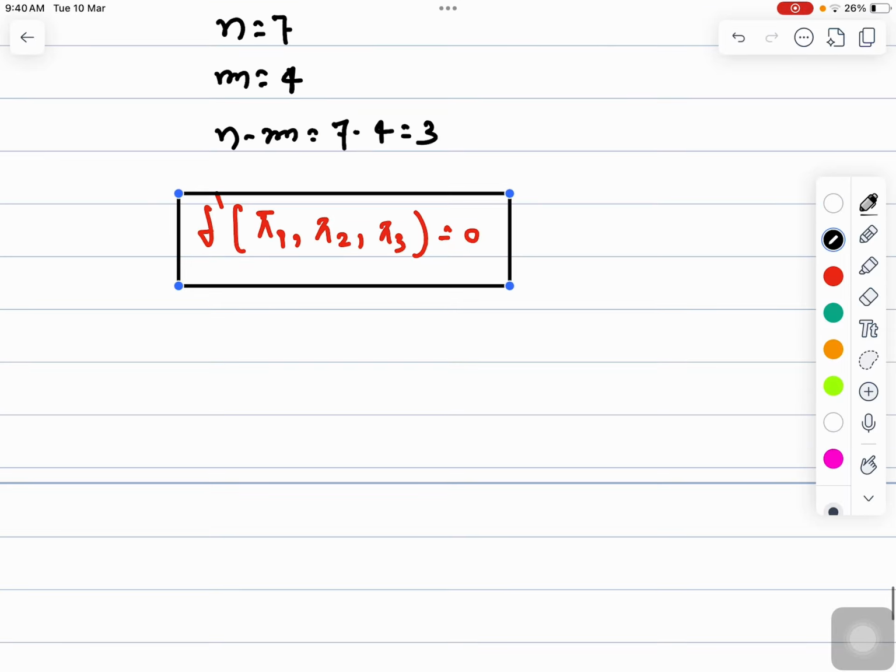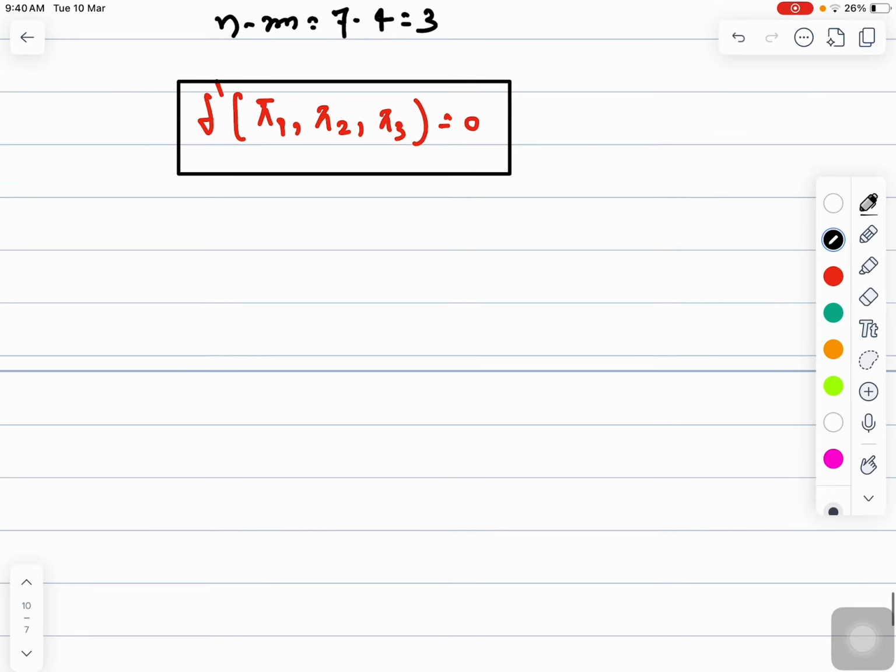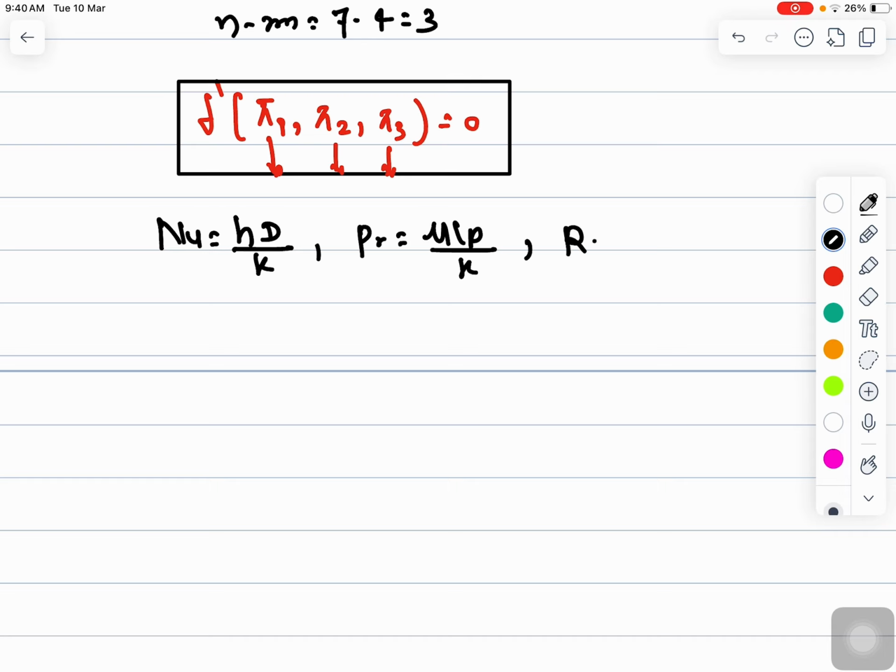So let's try to understand another example. What I have told you is that you can make 3 dimensionless numbers here. When we talk about the heat transfer coefficient, we can write the Nusselt number, that is equal to hD by k, that is one dimensionless number. Then we can also define the Prandtl number, that is equal to mu Cp by k, and then another dimensionless number that you can define as rho u D by mu, that is the Reynolds number, right?